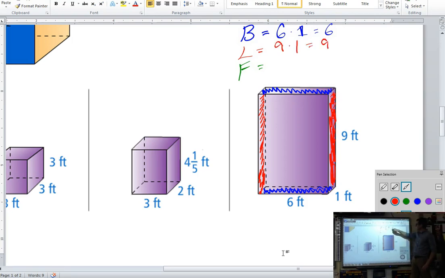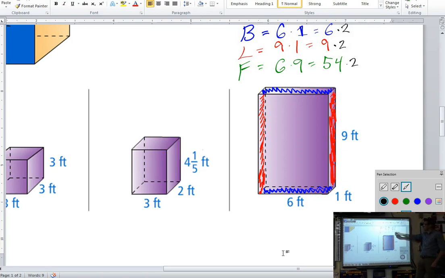Which, again, multiplication by 1 is pretty easy. And Andrew, for my front face, what dimensions do I use there? So the dimensions we used, 6 and 9, to get the 54. Now, I have 2 of these, double it. I have 2 of these, double it.